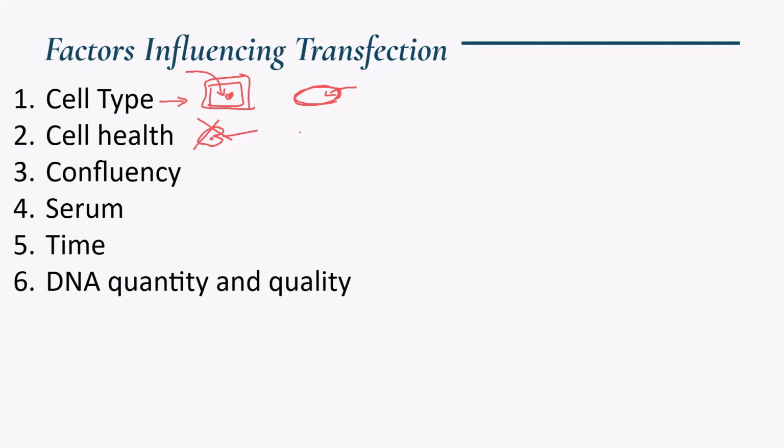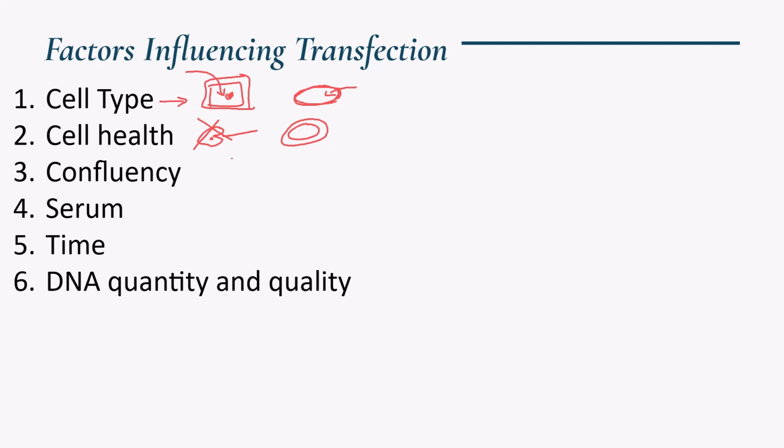But if the cells are healthy, they can protect themselves from the external stresses caused by transfection. See, the cells are natural things. So when we do genetic manipulation, we are giving stress to the cells. So cells must be healthy enough to endure the stress.